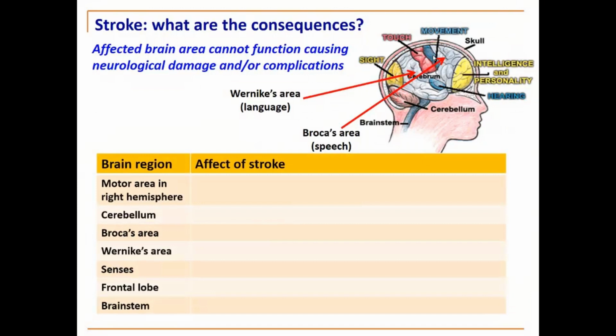So if we're looking at each brain region, I want you to tell me what the effect of stroke would be in each little area. So what would be the effect of a stroke on the motor area in the right hemisphere of the brain? Remember, the brain is separated into left and right hemispheres. The cerebellum, you need to know what the cerebellum does. Broca's area and Wernicke's, they're both up there. Your various senses, your frontal lobe, which is shown there.